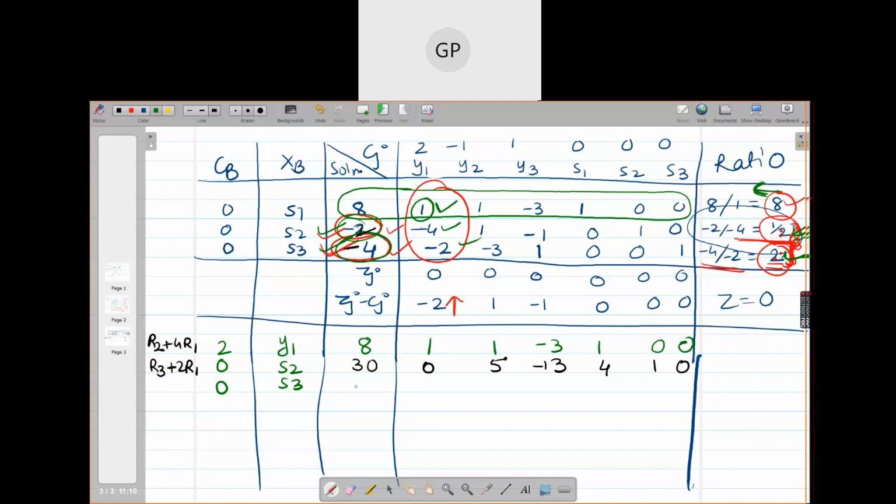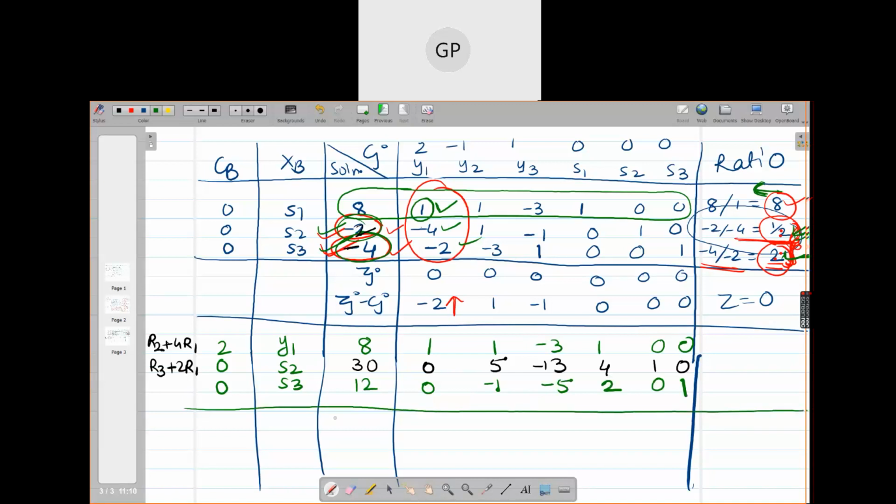Minus 4 plus 16, so that is 12. Then here it will be 0. Minus 1, 3 plus 2 is minus 1. 1 minus 6 is minus 5. Then 2, 0, 0, 1, 1.